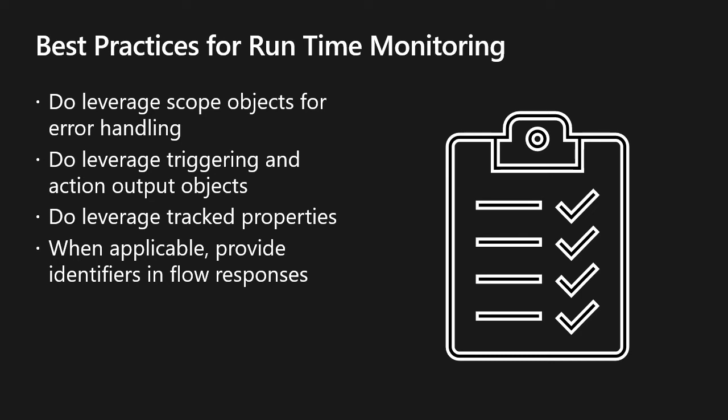These can be everything from timestamps, again, to these identifiers, headers, status codes, etc. And again, as mentioned, when applicable, provide identifiers in the flow response. I would add those in the header so that your payload looks consistent in your body, but in your headers you can add identifiers from previous actions, from first party and third party services, so that if you do need to troubleshoot, you have those in your header.